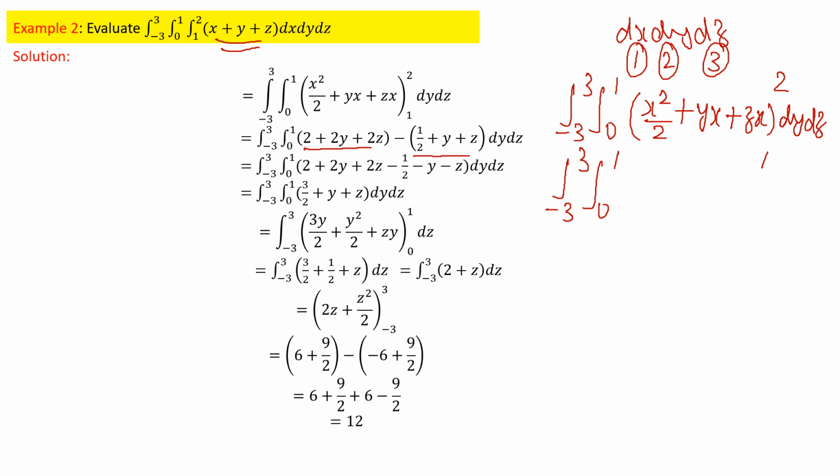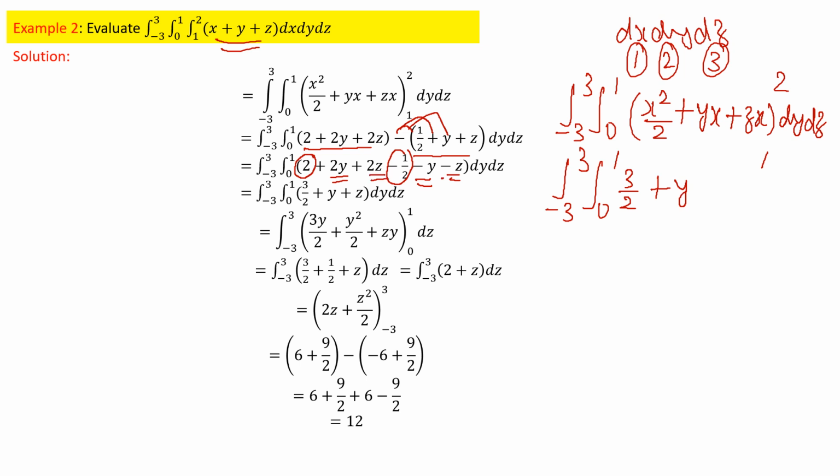Now let me distribute this minus sign. So this will be minus 1 by 2. This will become minus y, and this will become minus z. If I simplify this, I will get the integral from minus 3 to 3, 0 to 1, of 2 minus 1 by 2, so this will become 3 by 2, plus 2y minus y, this will become plus y.